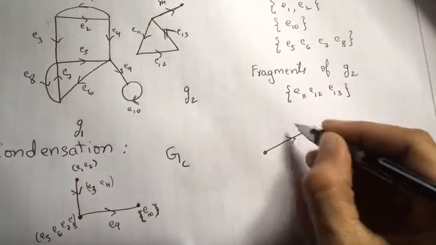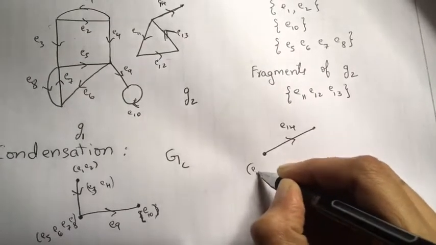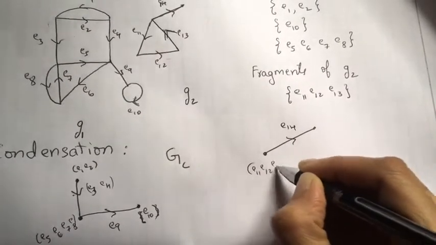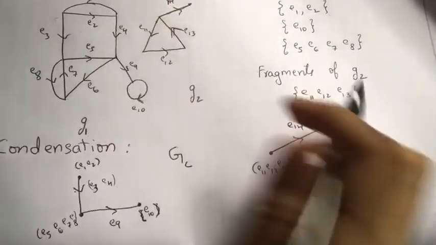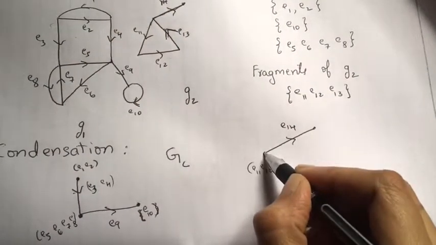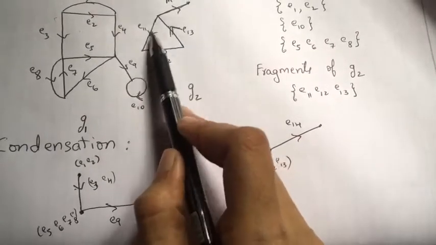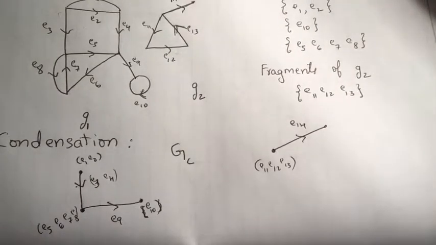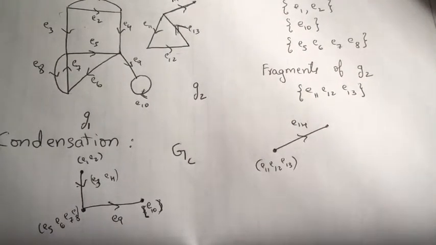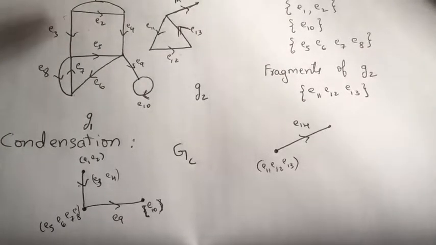This will be E14. So this whole part is E11, E12, E13. This strongly connected part is replaced by a vertex, and the directed edges from one fragment to another are replaced by a single directed edge. So this is nothing but the condensation of a graph G.